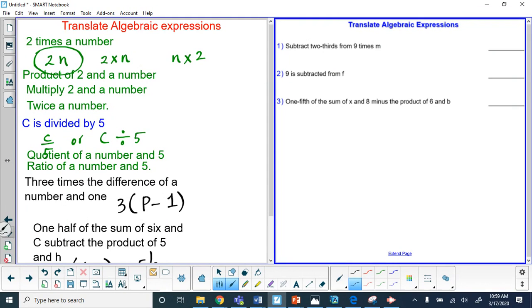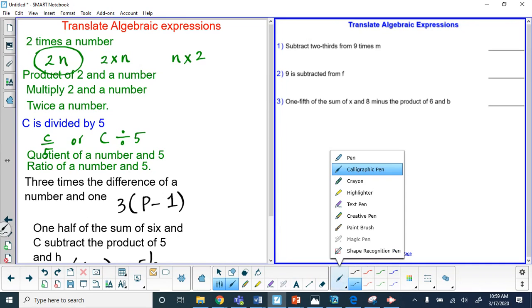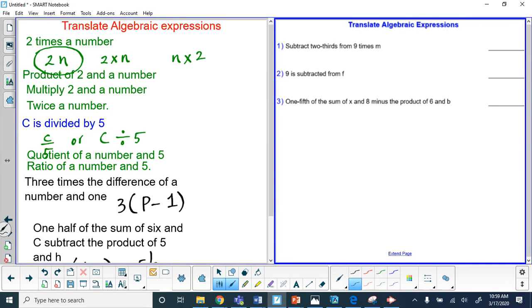Now the answer is going to be, as we are subtracting from 9 times m, let's write that first. 9 times m, subtract 2/3. What's the variable here? M. It's easy because the variable is already given. So it doesn't make you think much, right?